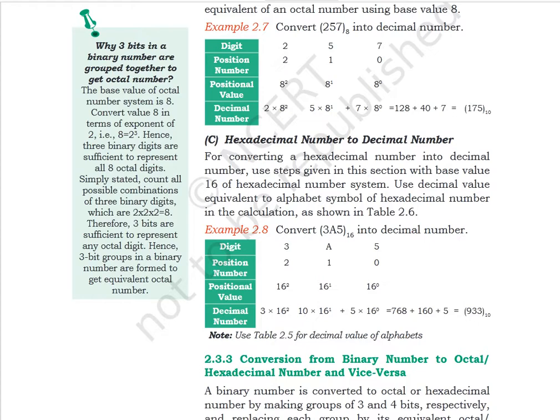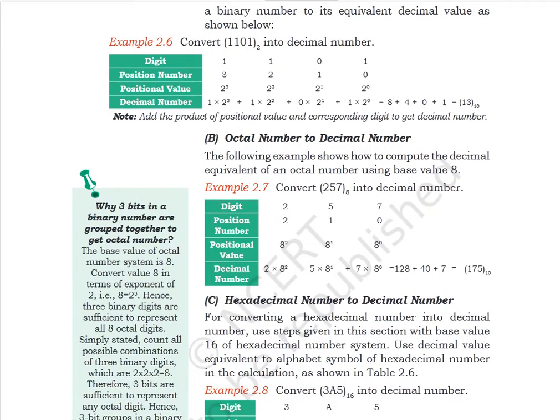So the given number we have written here is 3A5, their position numbers are 0, 1 and 2, and the positional values are 16 to the power 2, 16 to the power 1, 16 to the power 0, and then we have to multiply each digit with its respective positional value, and after summing up all the values we get this number, that is 933 in the decimal format. And when we get the final value, we must mention the base value here. So this is the complete conversion.